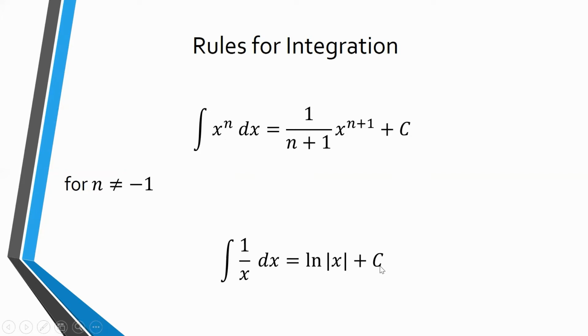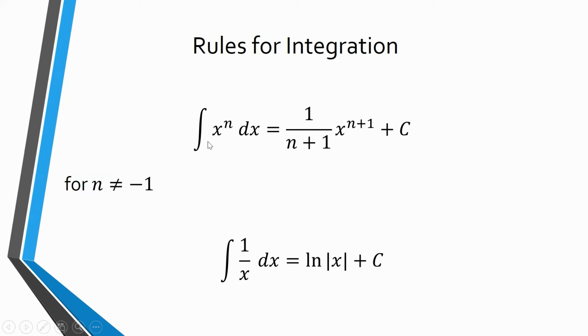The reason we should know that is because we know the derivative of natural log is 1 over x. The plus c, when I take a derivative, turns into 0. So the antiderivative of 1 over x is natural log of x.